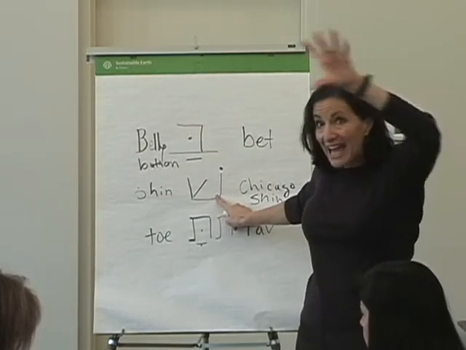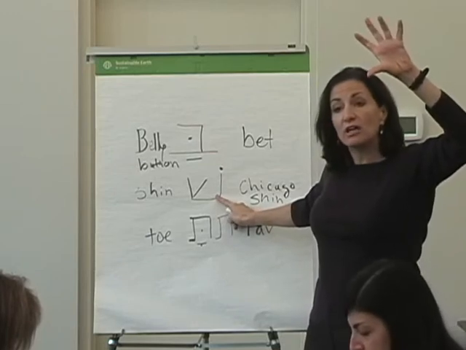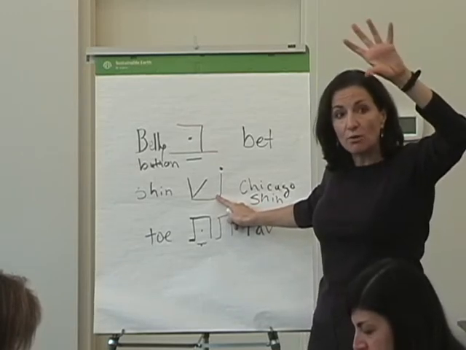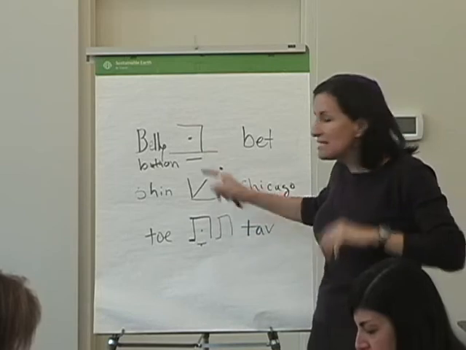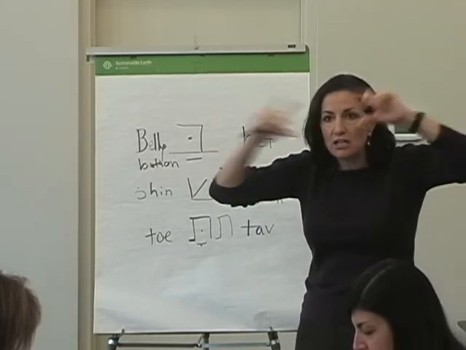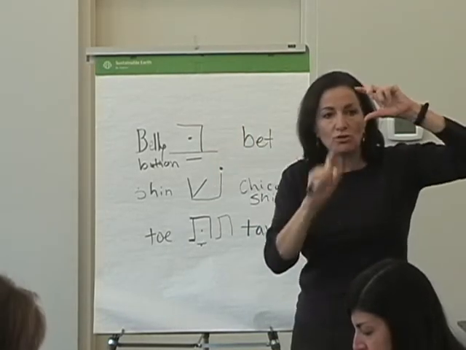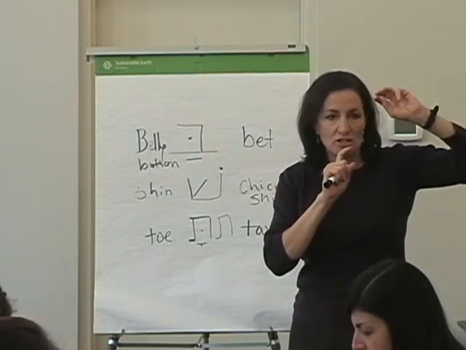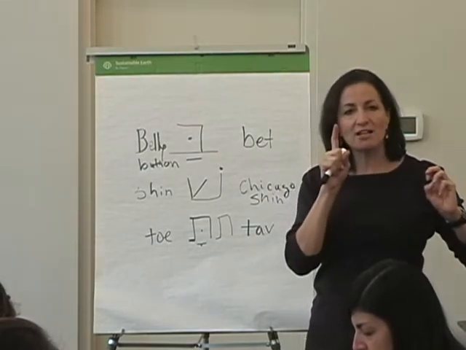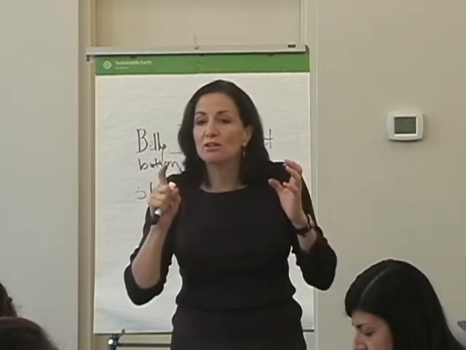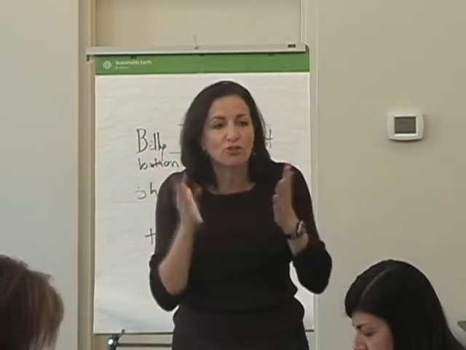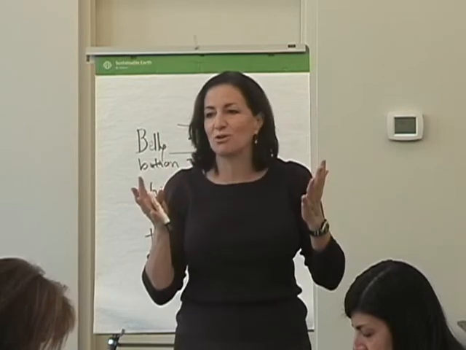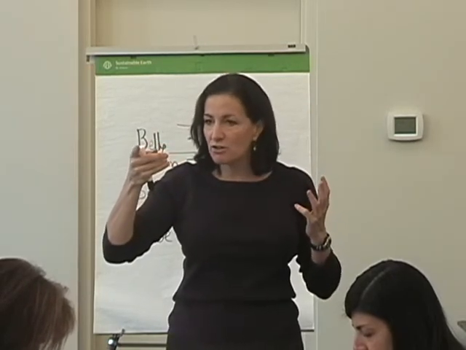So the brain was going, what the heck? And it found an orthography that it did know, which is a W. It said, oh, that shin looks like a W. So it supplied the W sound, but then the brain picked up on the shin again. Do you see how that worked? Why am I telling you this? Some of the letters look like letters in English, but don't sound like letters in English. This is really going to scramble your brains. So, Karen, is that what happened inside your brain?